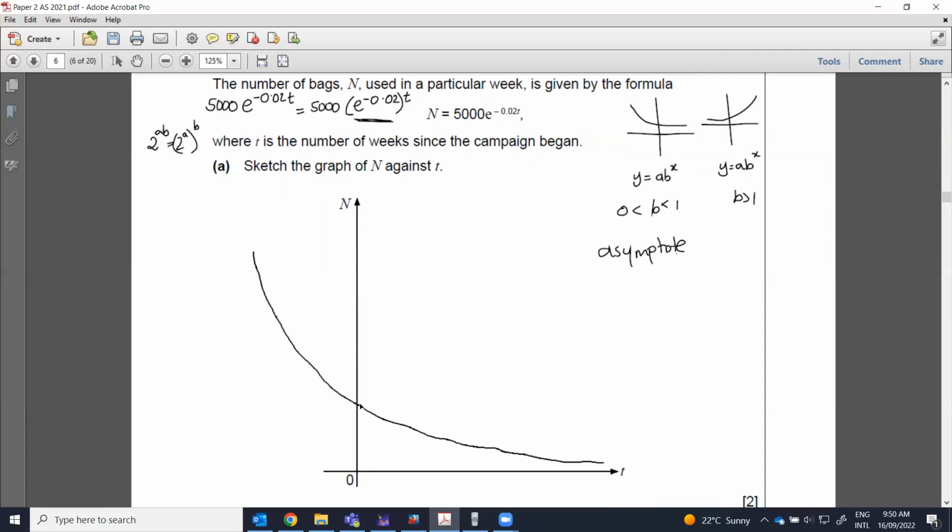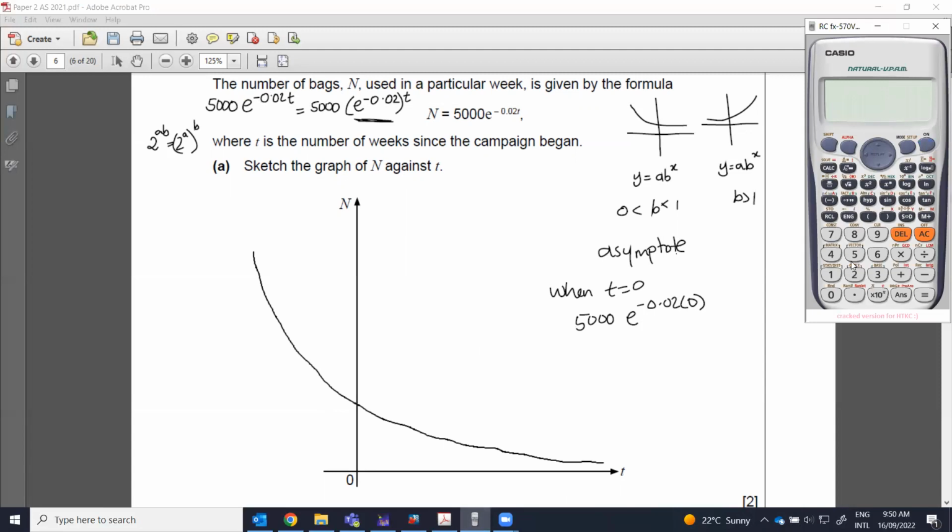Okay, so we just need to figure out what is this value over here. And we know at this value, t is equal to 0. So we say that when t is equal to 0, we substitute into this formula there and then solve. So we have 5,000 e to the power of negative 0.02 times 0. So if you're not sure, just type it in on your calculator.